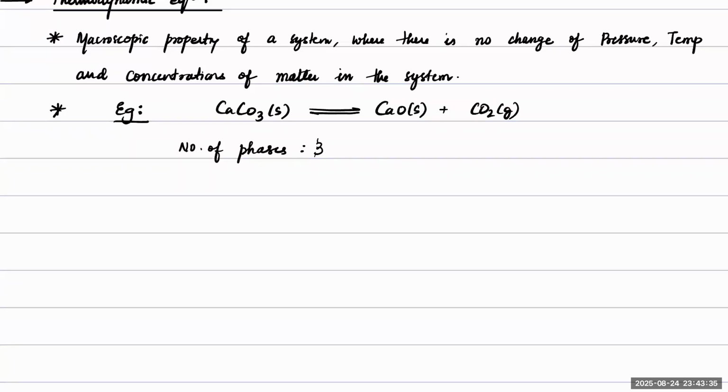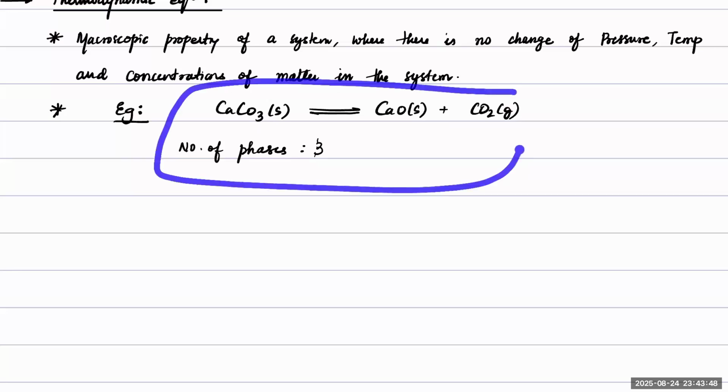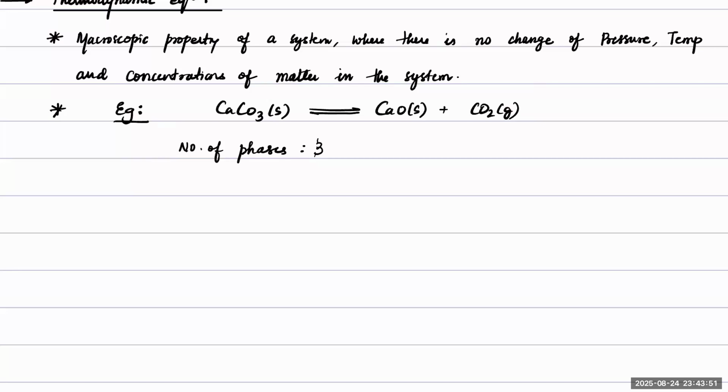Clear. Now, this solid, gas, and solid, all these three are at a different phase. As long as there is some measurement that you are doing, whether a pressure calculation or a temperature calculation, if the number of phases remains constant, then we say it is maintained at an equilibrium.